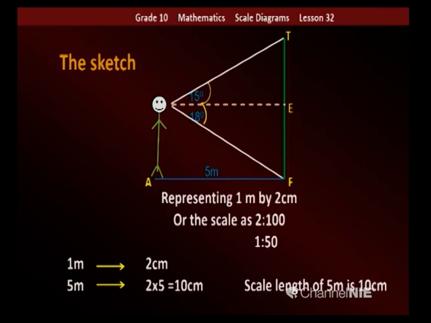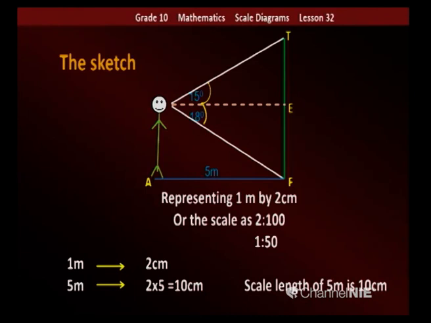Now, the distance between the foot of the goal post and the player is 5 meters. It says that Dilini is 5 meters away from the foot of the goal post. Okay. And now we have to select a proper, suitable scale. What should it be?